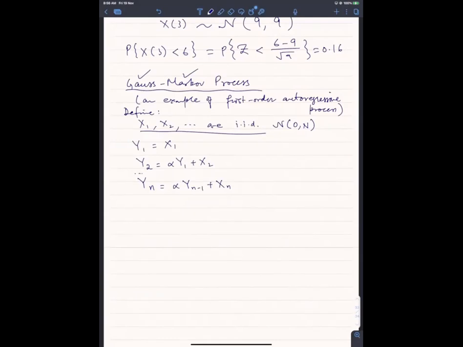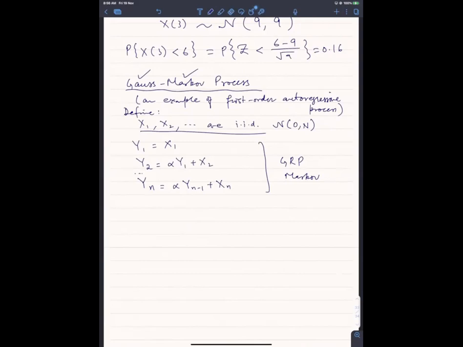These processes are Gaussian random processes as well as Markov random processes for every value of alpha. Is this independent increment?